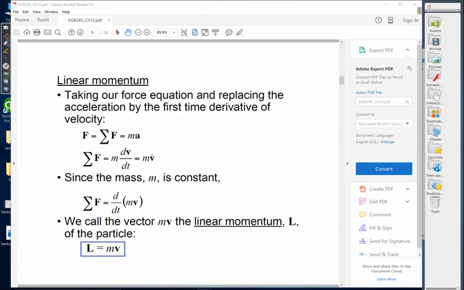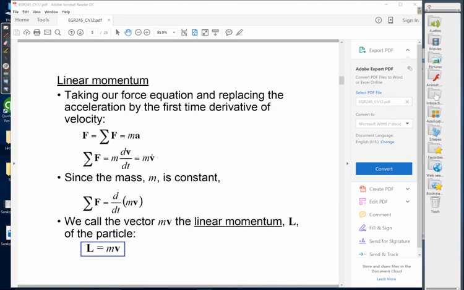And since mass is constant, you can look at this as force being the first time derivative of this quantity, mass times velocity. And we're going to give that a name. mv, right, is what we call linear momentum. And we use the symbol capital L in this textbook.